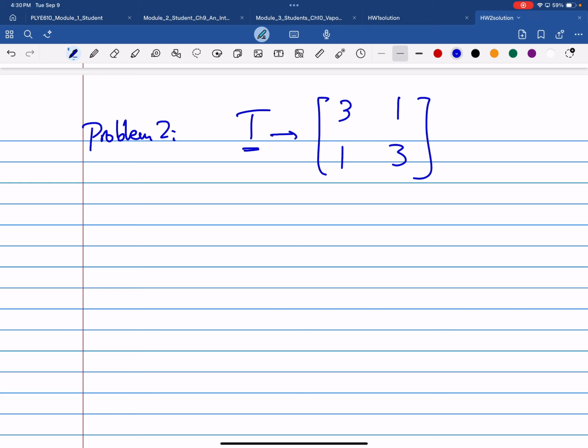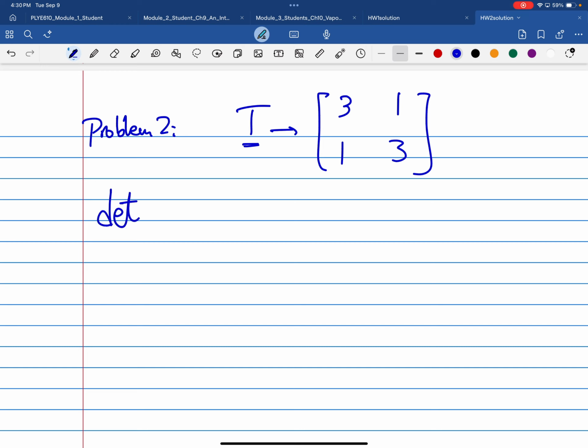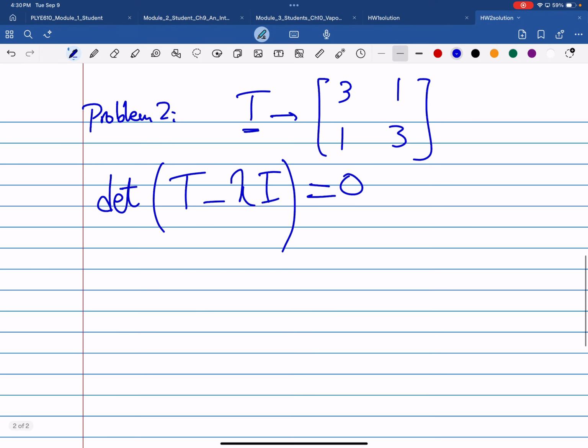For getting the eigenvalues, the characteristic equation that we are always interested in is the determinant of T minus lambda I equal to 0. So you need to form that matrix and calculate the determinant. For a 2 by 2, it's pretty straightforward, and even 3 by 3 is not a big deal.